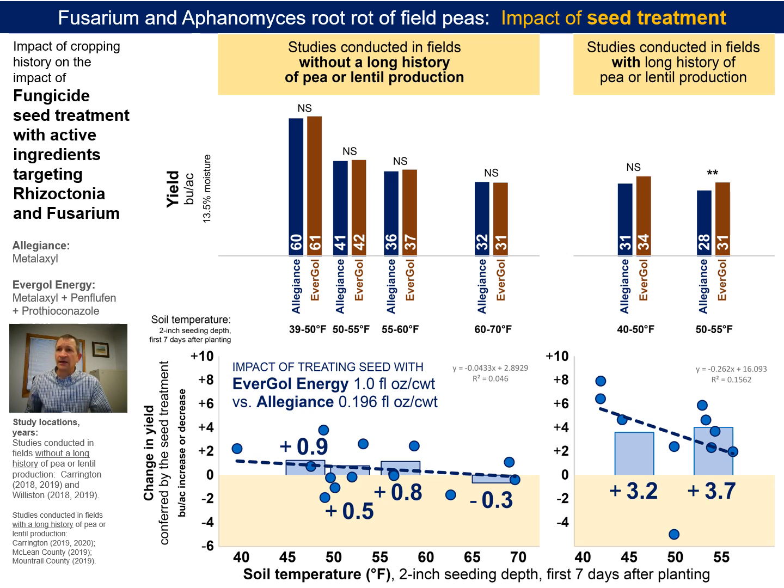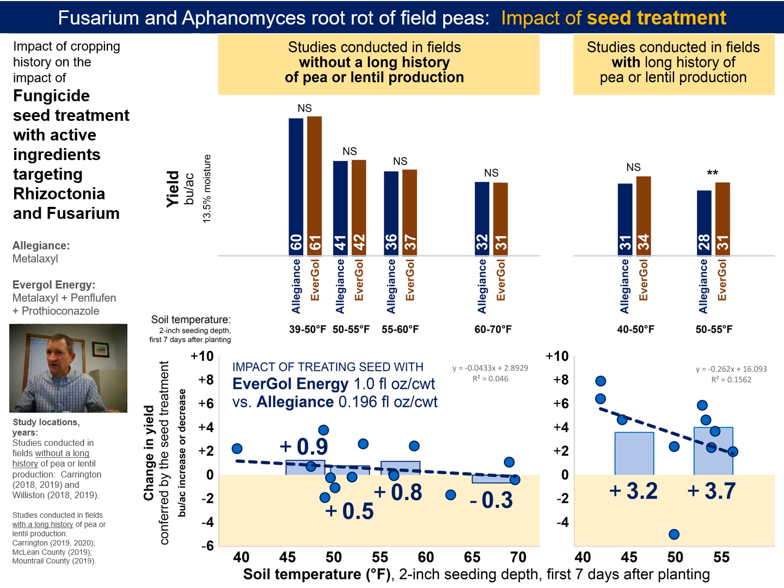And we just wouldn't expect this type of response to a fungicide seed treatment in really cold soils unless Rhizoctonia were present. And so, again, the total yield gain conferred by the fungicide would be higher had we compared this against non-treated seed.